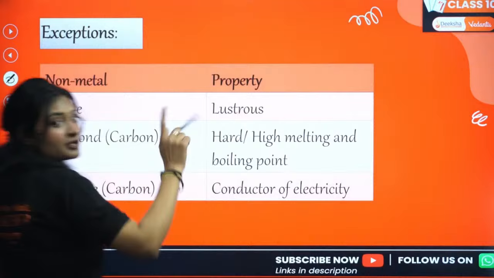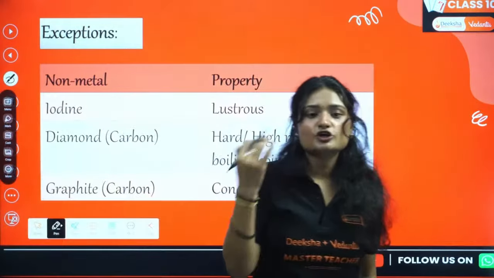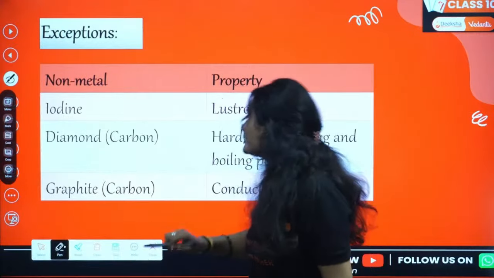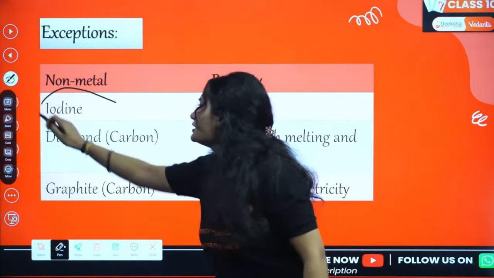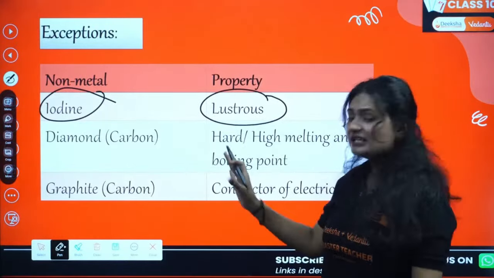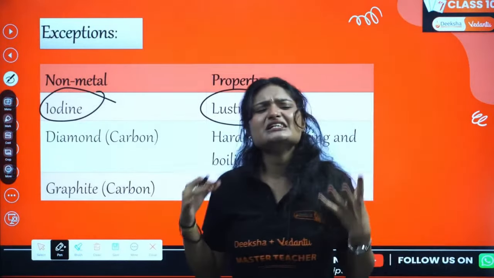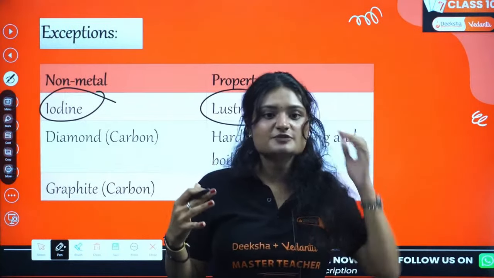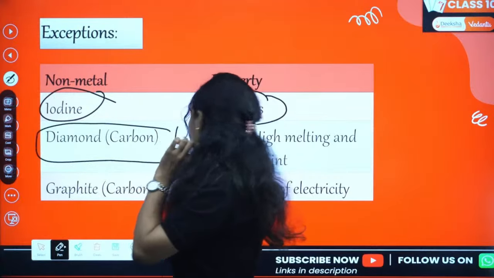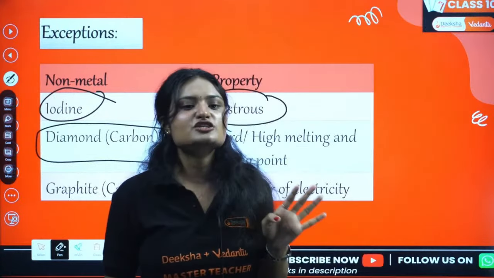Iodine. Okay. Non-metals are dull, yes, but iodine, which is a non-metal, is lustrous. It is lustrous, okay? Again, non-metals are really soft, but diamond, which is made up of the non-metal carbon, is extremely hard.